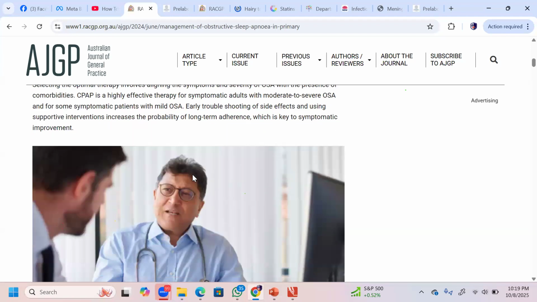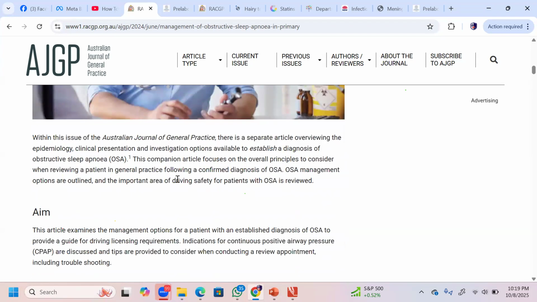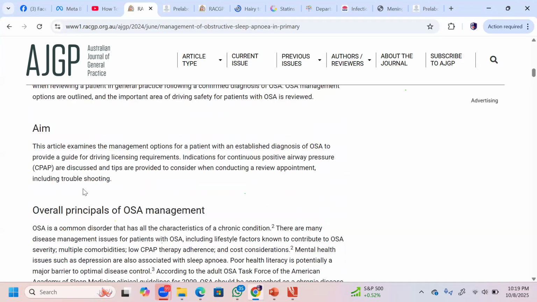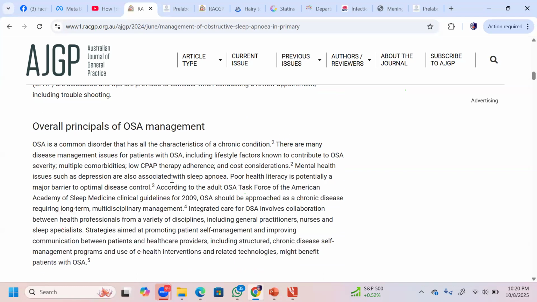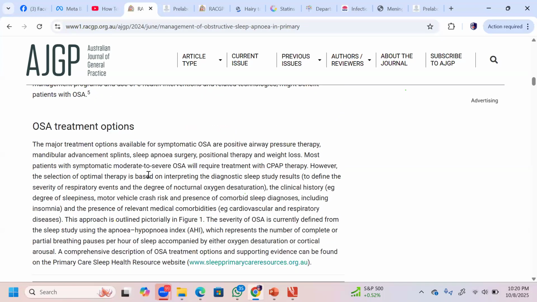So doctors, if asked about the next step, you have to go with weight reduction, and the best management is CPAP. So treatment option: the major treatment option available for symptomatic sleep apnea is positive airway pressure therapy. These are for symptomatic moderate to severe sleep apnea requiring CPAP.